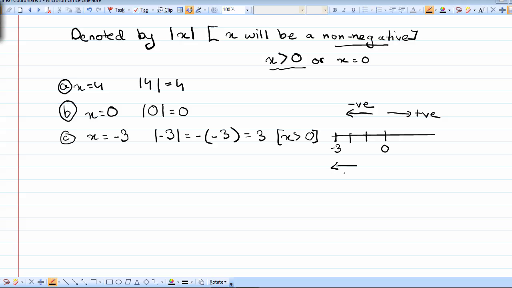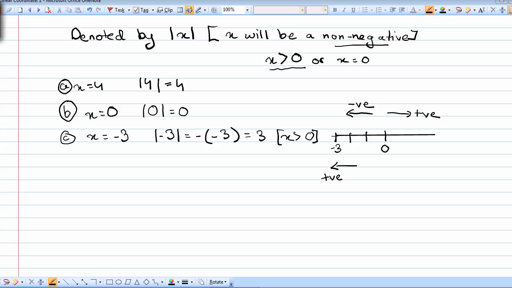There is no hard and fast rule that the left hand side must be negative, but as a convention we always refer to the right hand side as positive.